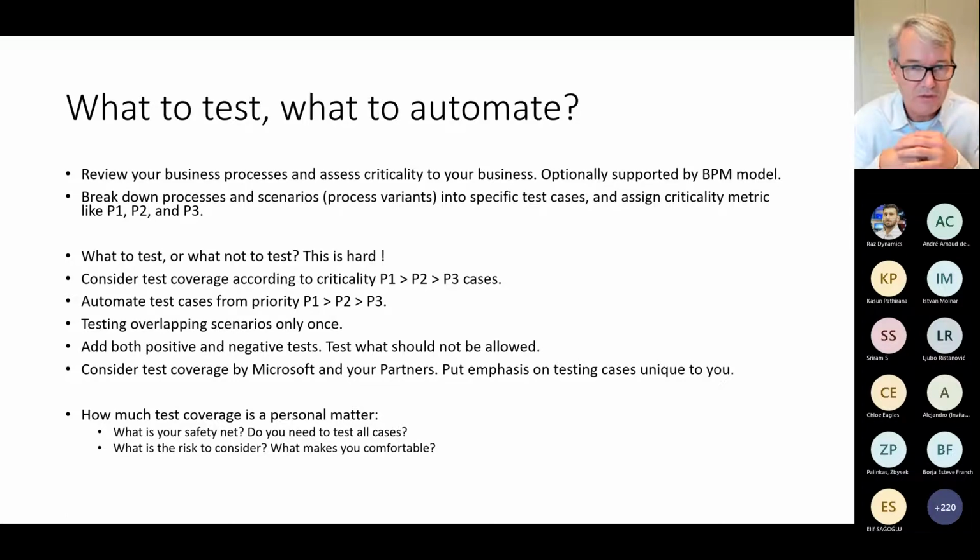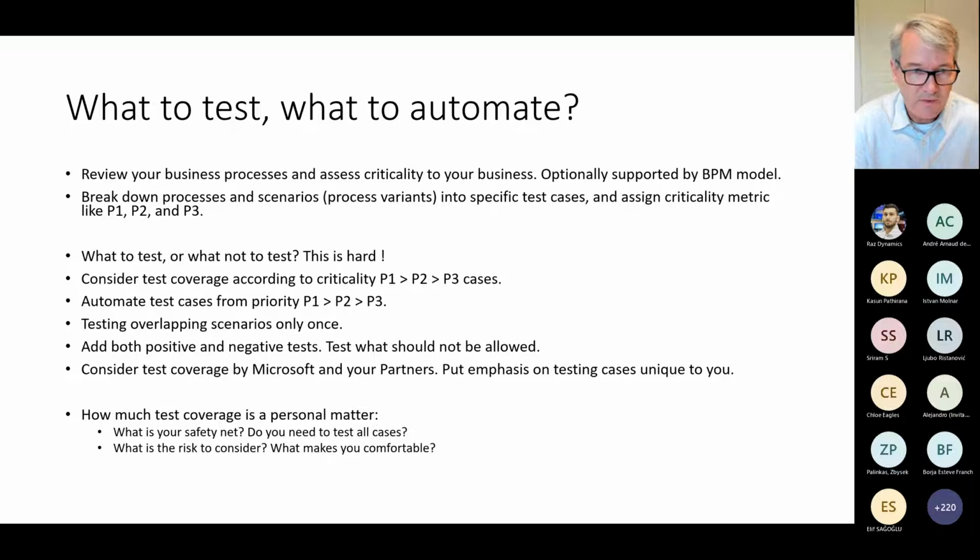What you then need to do is assess each and every process, how important they are to your business, prioritizing them by criticality. Here you probably want to have some kind of a metric model, like P1s, P2s, P3 type of scenarios, so that you can use that as guidance for how you go about your testing.